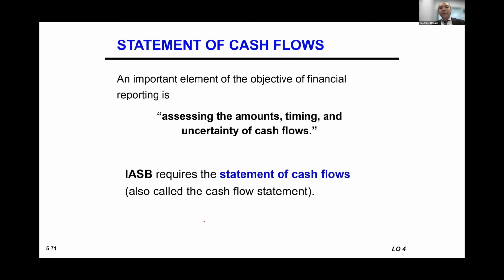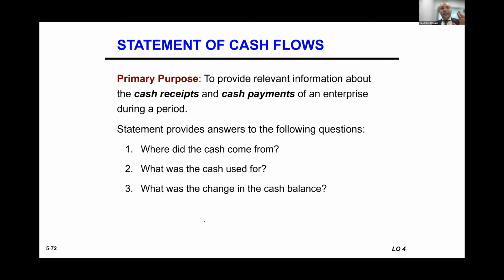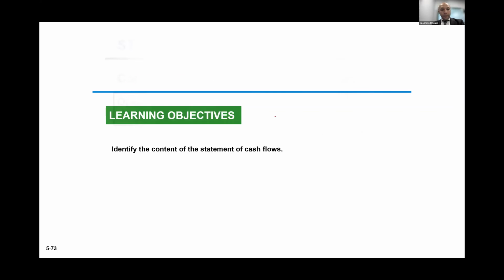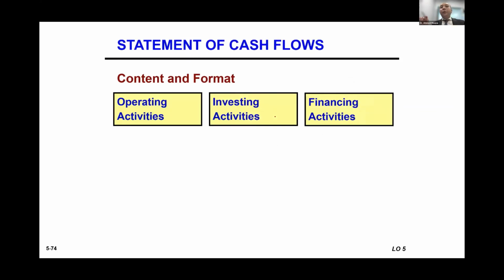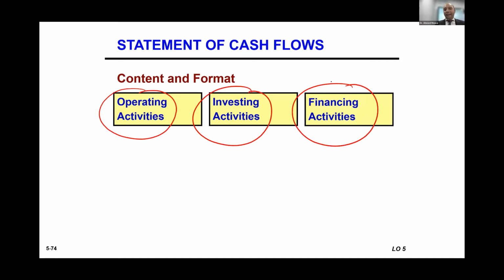The cash flow statement shows you the movement of your money. Its primary purpose is to show you the relevant information related to cash receipts and cash payments: where your money comes from and where it is paid. You need to categorize it into 3 categories: operating activities, investing activities, financing activities.